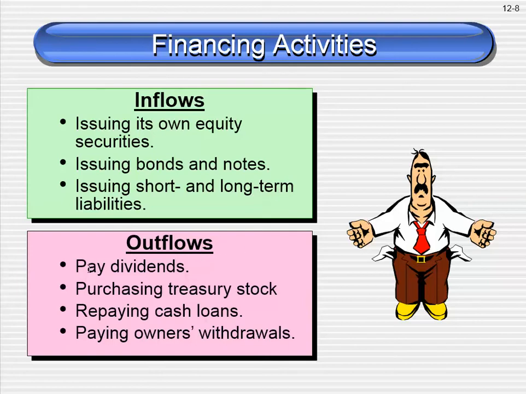Outflows of cash will come when we actually go back to pay out our dividends. If we're going to be purchasing treasury stock, that's when we go out and buy stock in our own company, or we're repaying some of those loans. Or it says dividends here, paying owners' withdrawals. Withdrawals would apply to sole proprietors and partnerships.